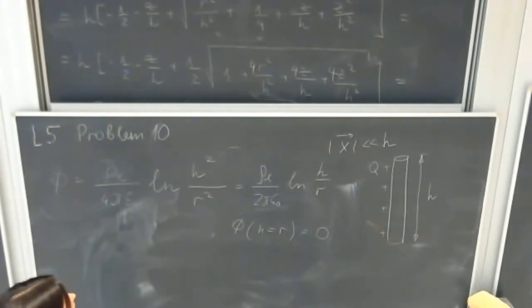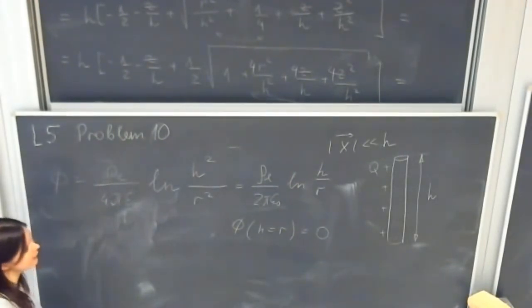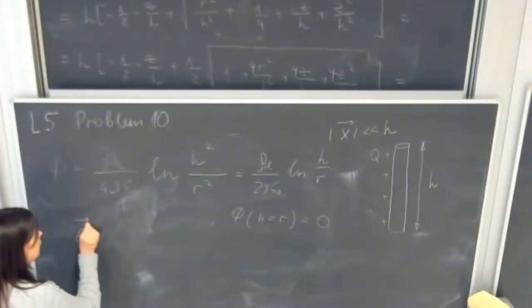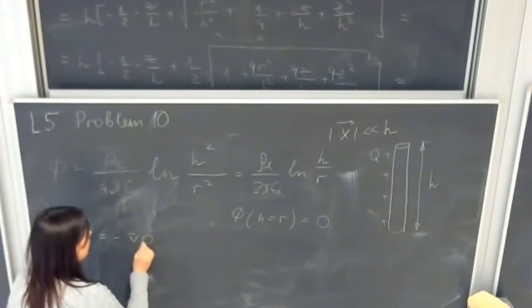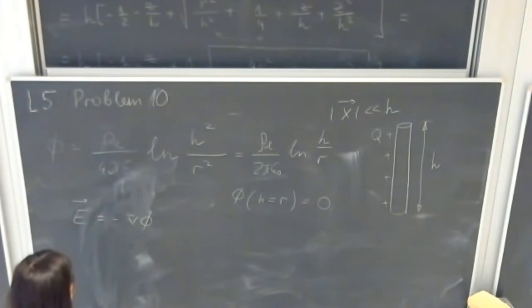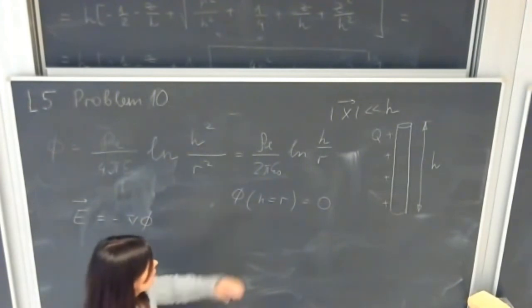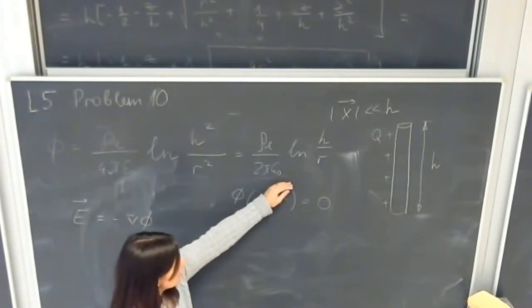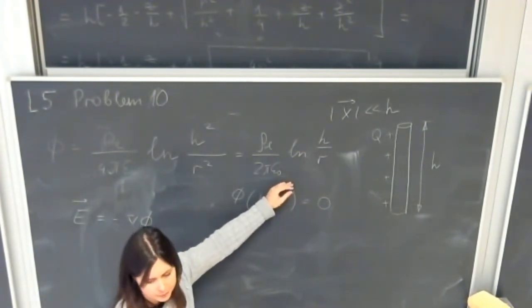So the second part of the question, the electric field. The electric field can be found as minus grad phi. And what we have here is cylindrical coordinates.